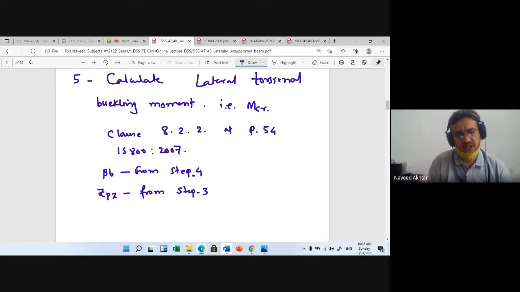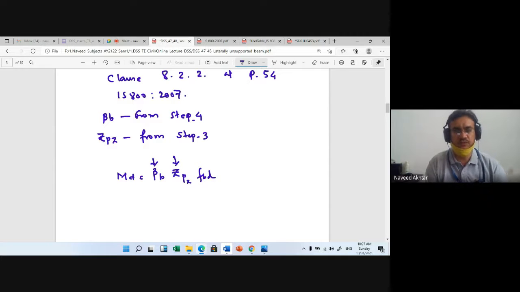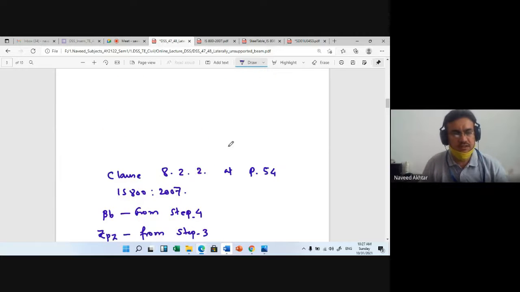What is the formula for MD? The MD is nothing but beta B ZP into FBD. So this you calculated on step number 4 and this is step number 3. You know these values. Now only this you have to find out. To find out this, first you have to find out MCR.